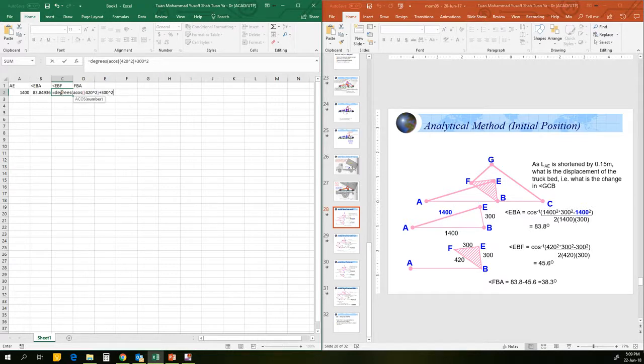In this case, EBF does not change. It is a constant, but anyway, we can just continue calculating it. Then minus 300 square, divide by 2 times 420 times 300, close bracket, close bracket.